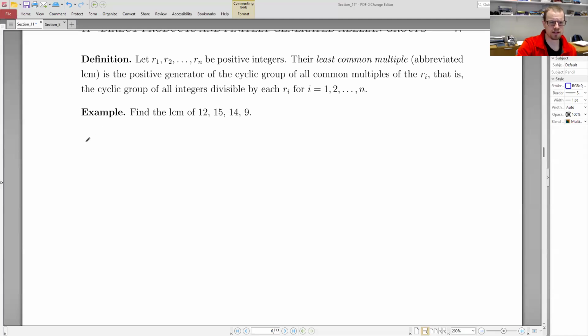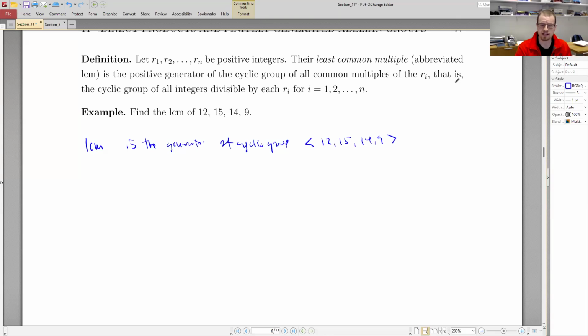So the least common multiple of these integers is the generator of a cyclic group. Now, if it's a cyclic group, that means it's generated by just one element. But what we're saying here is we're looking at the subgroup that is generated by all of them together: 12, 15, 14, and 9.